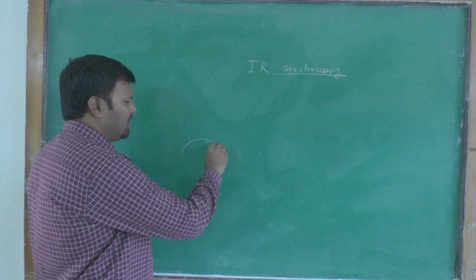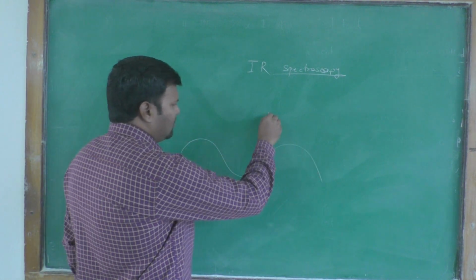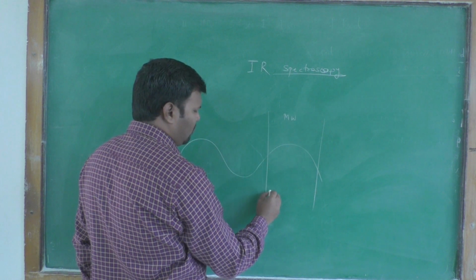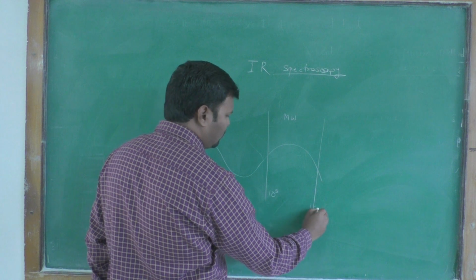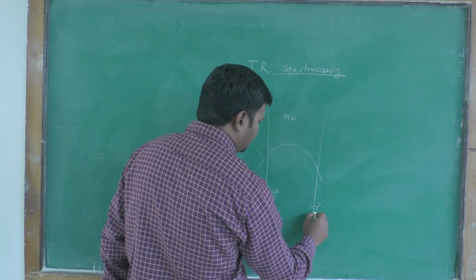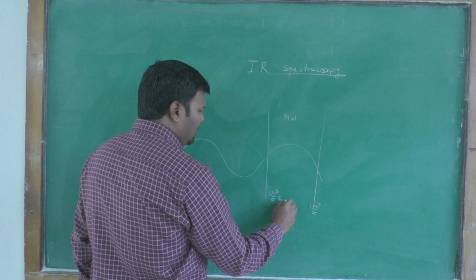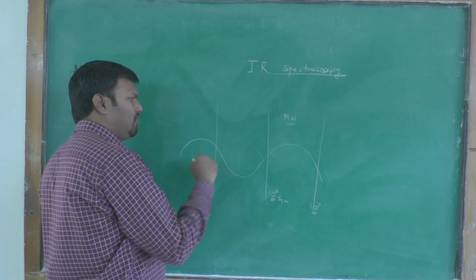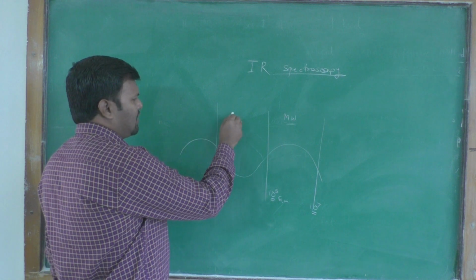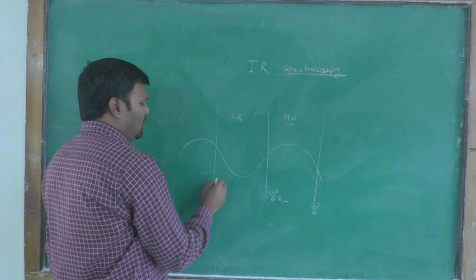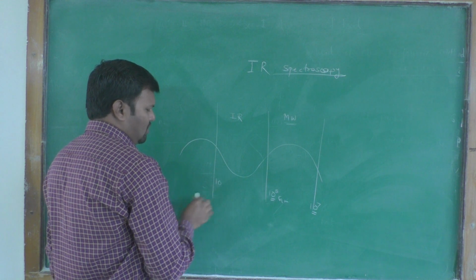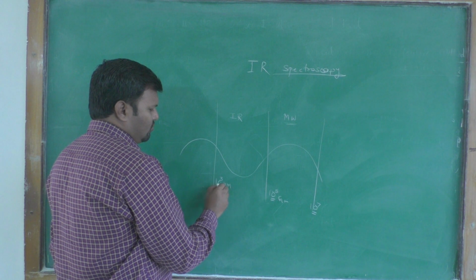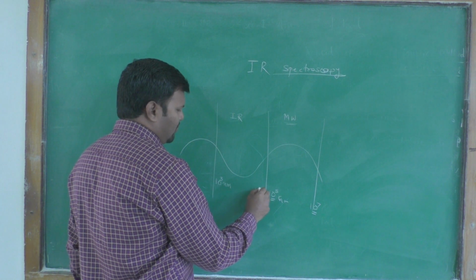That range of electromagnetic radiation is your microwave, and the region before the microwave region is the IR region. For the IR region, the wavelength is 10 raised to 3 nanometer to 10 raised to 5 nanometer.